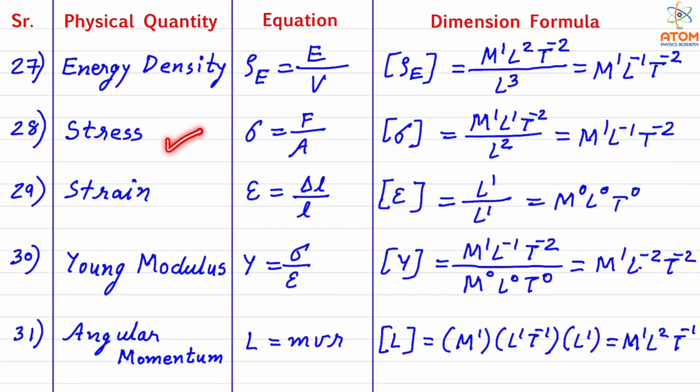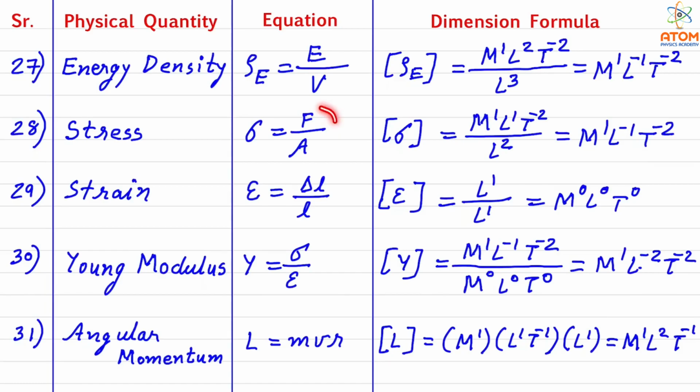Now stress, not that mental stress. This is stress on any object, which you will learn in 11th standard only. The symbol is sigma and the equation is F upon A. You can see this is the same equation as pressure, which is also F upon A. Here F upon A means force per unit area.